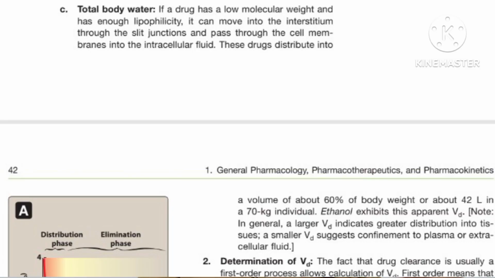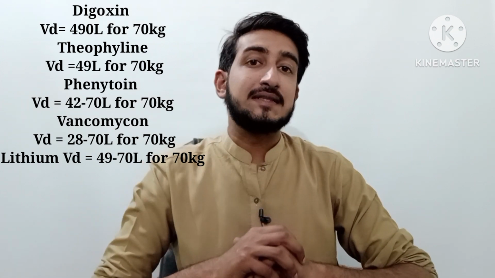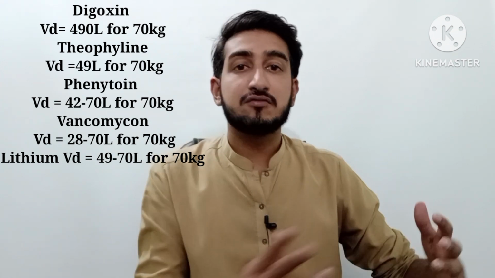In Lippincott pharmacology, if the volume of distribution of any drug is more than 42 liters per 70 kg, meaning for a normal human being, then the drug has to distribute itself in the total volume of the body fluids. It includes your extracellular fluid, your intracellular fluid, your blood. So the drug has to distribute throughout these compartments or these fluids.